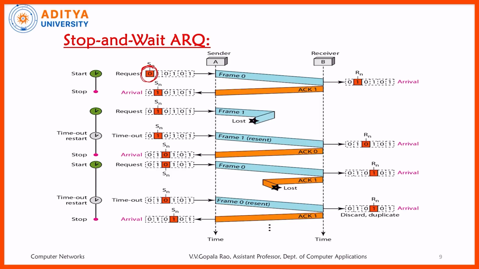Once frame number 0 is transmitted, there is a chance of the frame reaching the destination successfully, or there may not be. Let us imagine in a simple case that frame 0 reaches the destination in a successful manner, and receiver B is receiving that in a successful way.